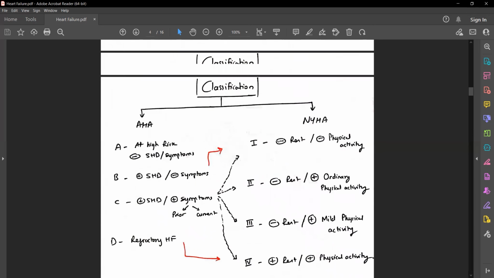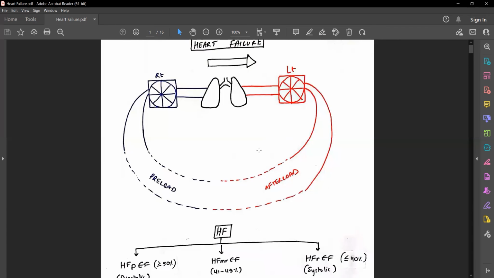Again, before I end the session, I would like to say that this lecture is based on my personal understanding and reading and my personal opinion on heart failure. I would highly recommend that you listen to this lecture, like my other lectures, and go and read up on these topics from different resources. You can discuss this with your attendings and consultants and eventually make a decision on how you will treat the patient.